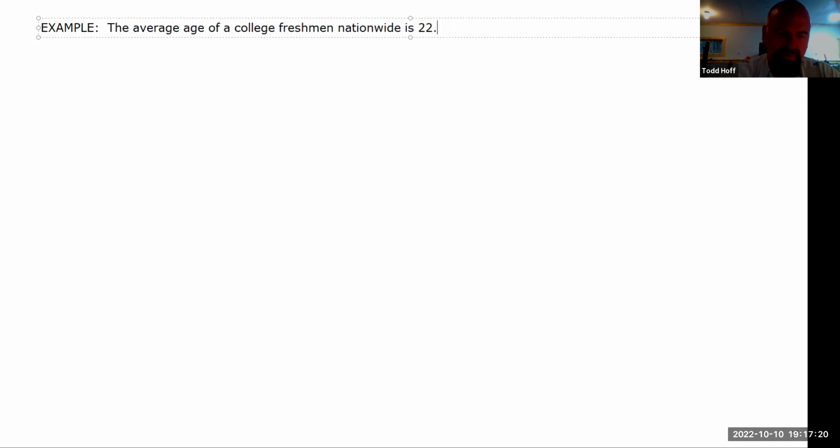So let's look at an example of this. The average age of a college freshman nationwide is 22.8 years old, with a standard deviation of 1.7 years.